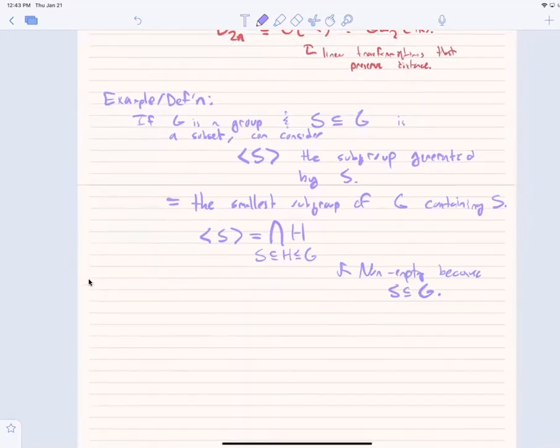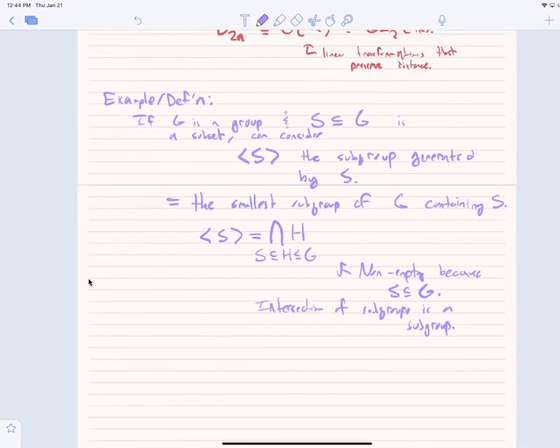And then you just need to check the simple statement that the intersection of subgroups is a subgroup. But that's pretty simple, so let's leave it at that.